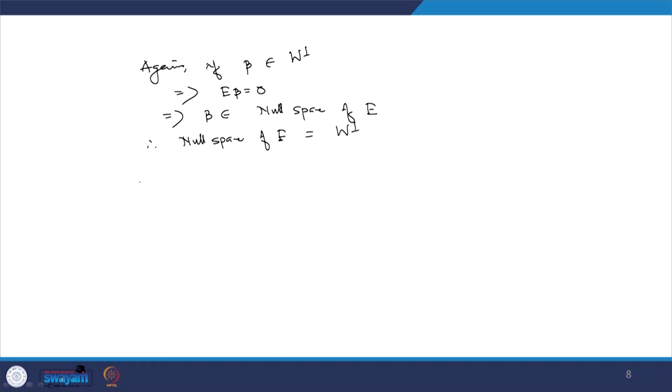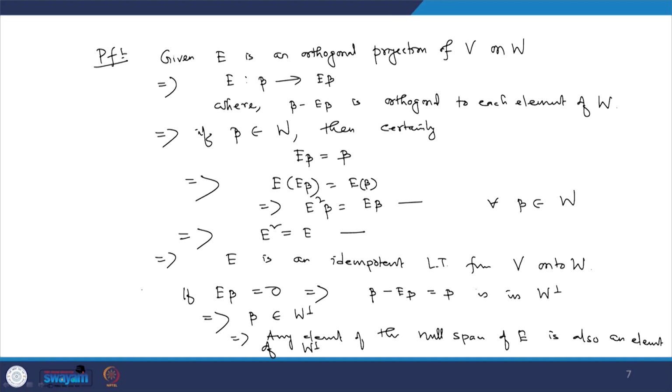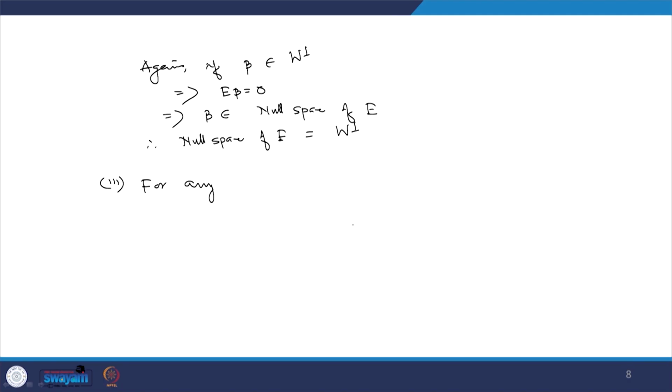Third, this is the third one, this is my second and the first one. For the third one, I have to show that V is the direct sum of W and W complement. For this, for any beta belonging to V, we have beta equal to E beta plus beta minus E beta.